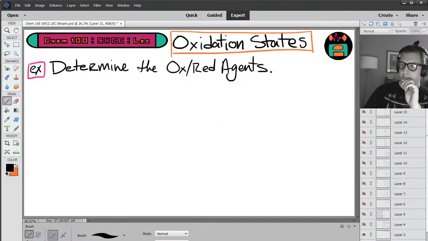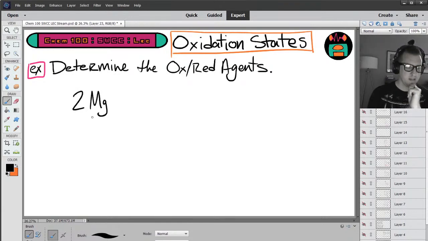All right. So let's do another example. Let's do, this one's a good one. Let's do the reaction between, yeah, exactly. Oxidizing agent. There we go.